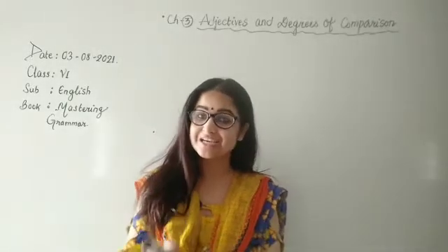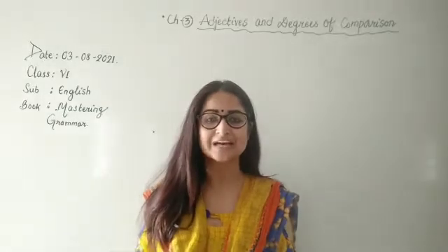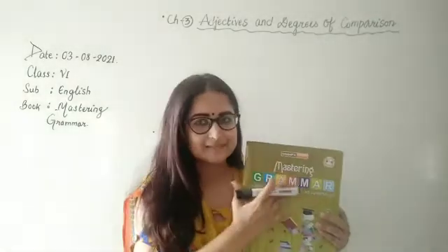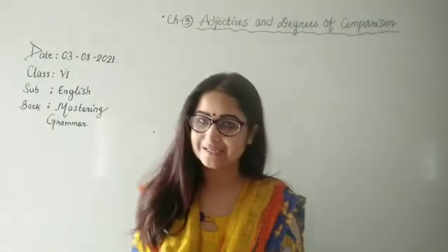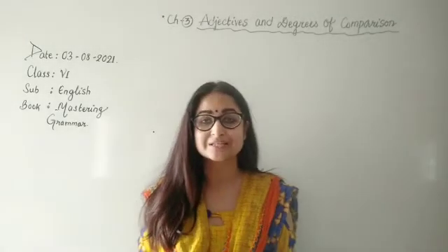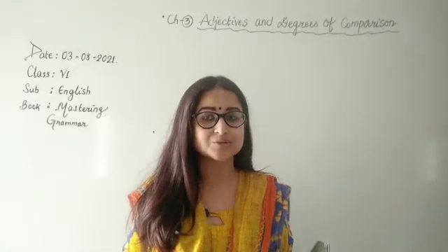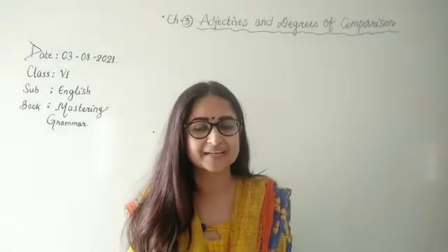Children, for today's English lesson, we are going to continue with the adjectives and degrees of comparison chapter from your Mastering Grammar book. In our previous video lesson, we had already learnt what adjectives are and the different kinds of adjectives. We have learnt how to change positive degree into comparative and superlative degrees, right?